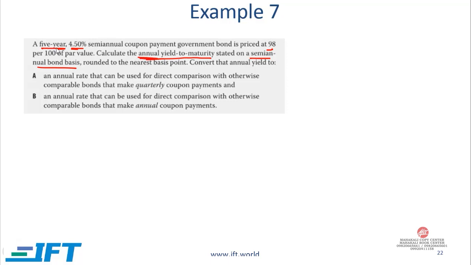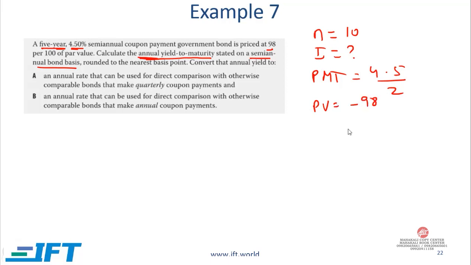A 5-year bond, given that we have 2 periods per year, means that n is equal to 10. The interest rate is what we are trying to calculate. The payment is equal to 4.5 divided by 2. The present value is minus 98 and the future value is equal to 100.